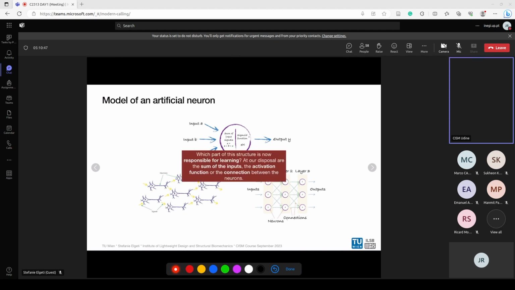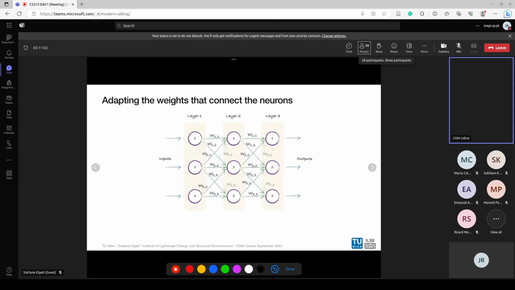And now, which part of the structure is responsible for learning? We have the sum of the inputs that could be modified somehow, we have the activation function, and we have the connections between the neurons. In fact, in the actual learning process, you adjust the weights of these connections between the neurons.